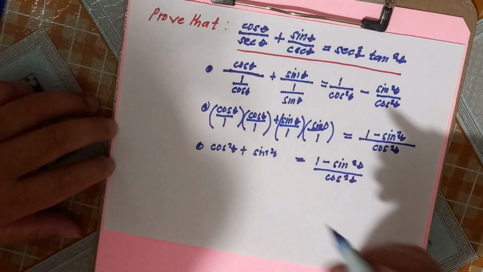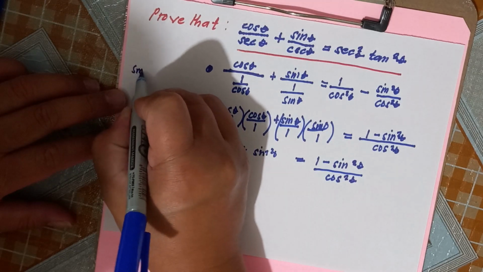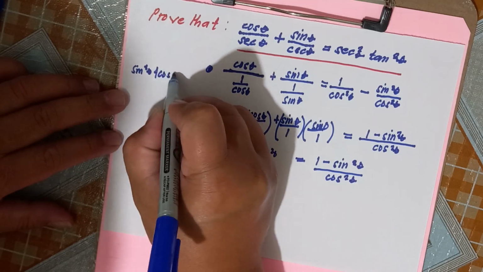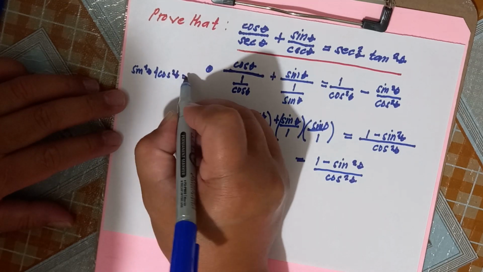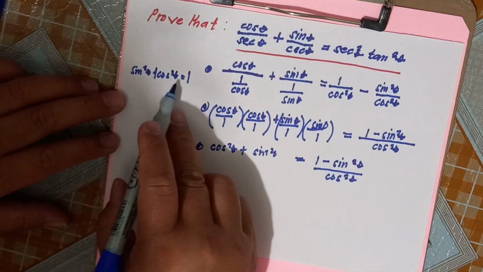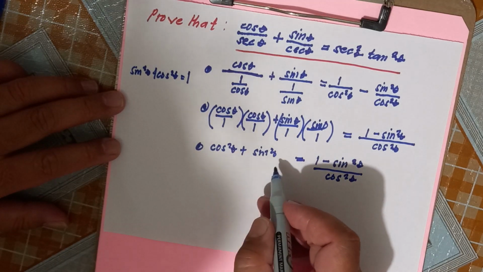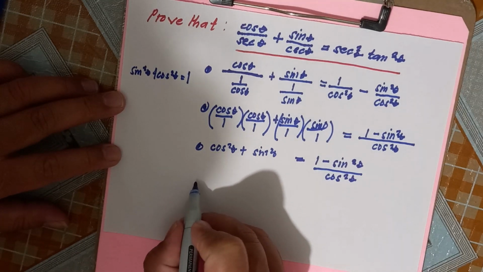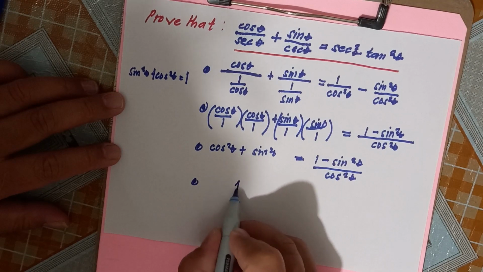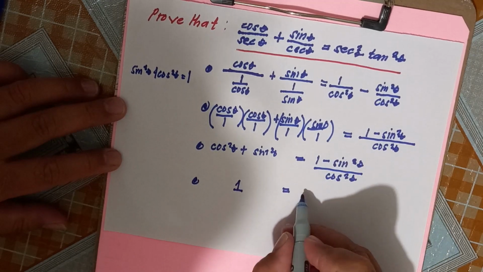But remember that with the Pythagorean identities, sine squared theta plus cosine squared theta will give you a result of 1. So meaning to say, the result of cosine squared theta plus sine squared theta is the same as 1. Now what about in here?